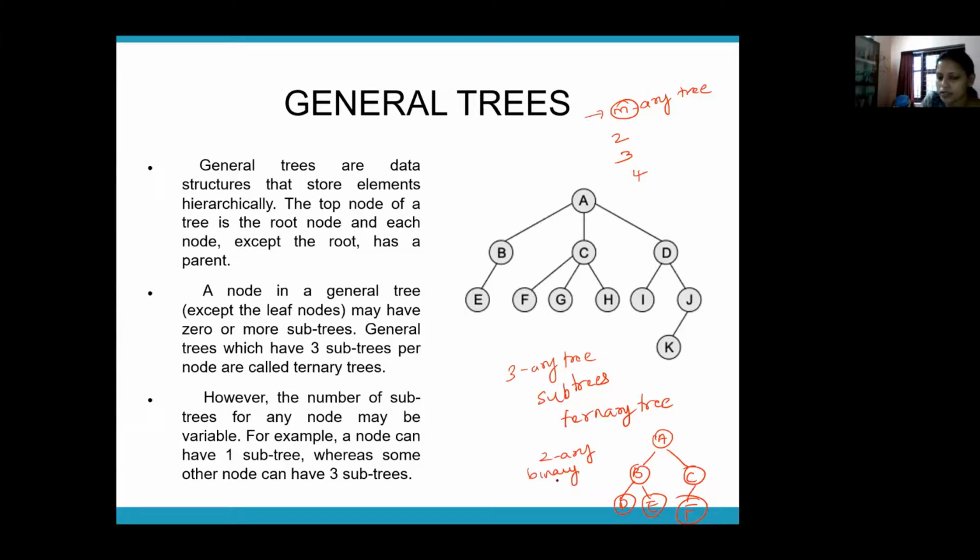There's one more restriction for binary tree which I'll tell you. So this is an example of a binary tree, whereas this is an example of a ternary tree. General trees means a tree which can have any number of subtrees. That's the first type of tree. It could be binary, it could be ternary, or it could be quad, or whatever.